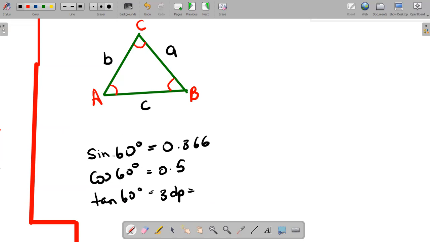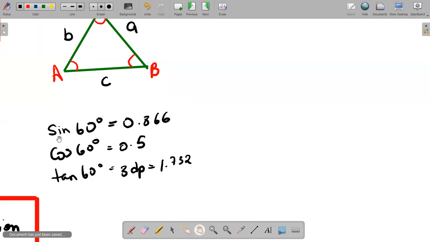So I'm waiting for everybody to send your answers. Excellent. 1.732. Now, do you know that these functions change these angles into a length representative? So these digits are the first step of changing an angle to a length of a side.